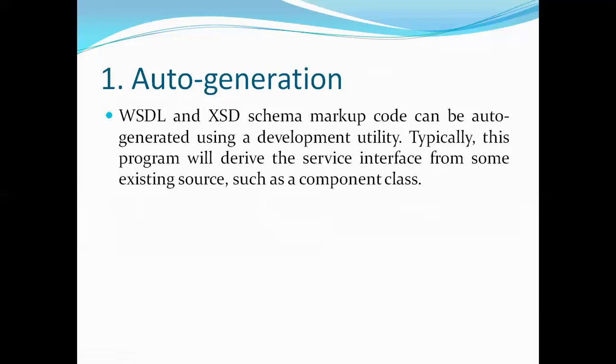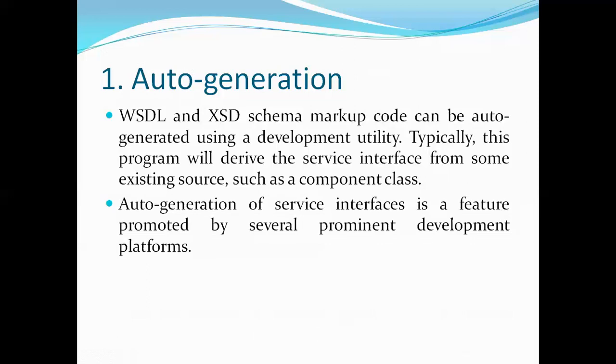I'm showing you the demonstration of a Java component class, how the class is written, and with the help of that class, how the visual document is automatically generated. I'm showing you the practical demonstration in my part 2 video. First I'm just explaining the conceptual part related with the service interface designing tool. A component class is required for generating the WSDL document.